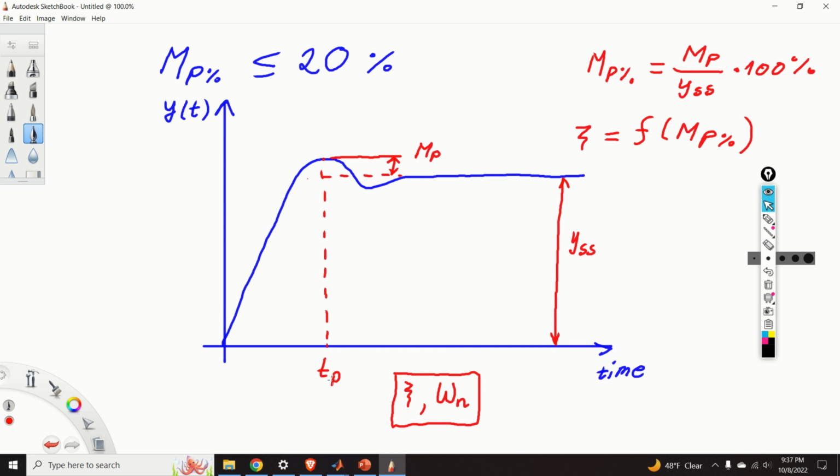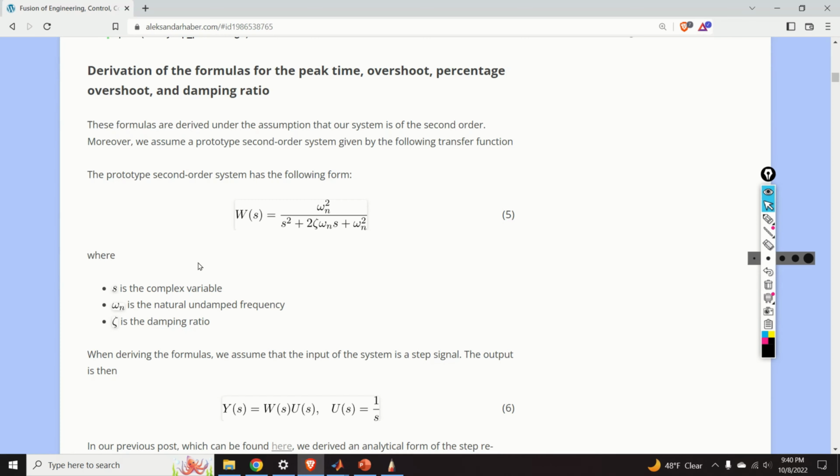So, given the specifications on Tp, for example, we can find zeta and omega n. We can basically find the locations of our closed-loop poles, and from there we can go backwards and we can design our PID controller.